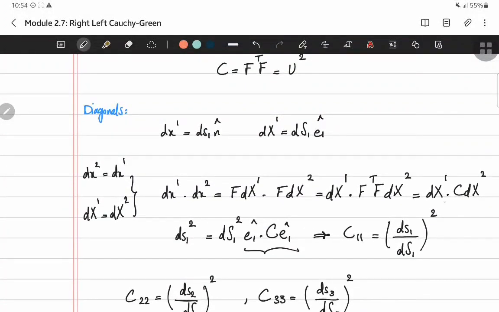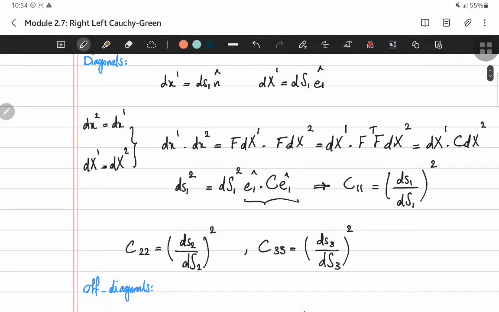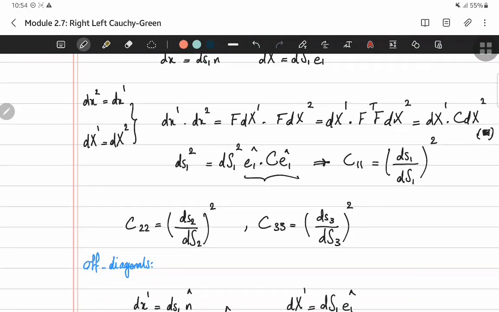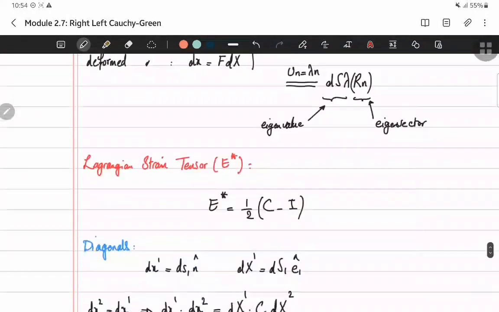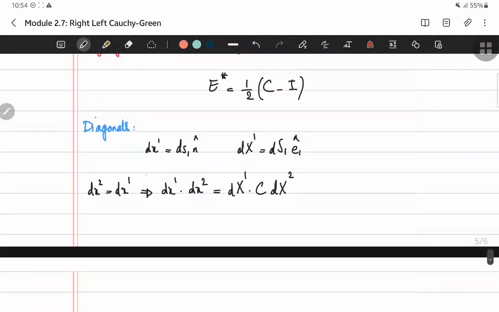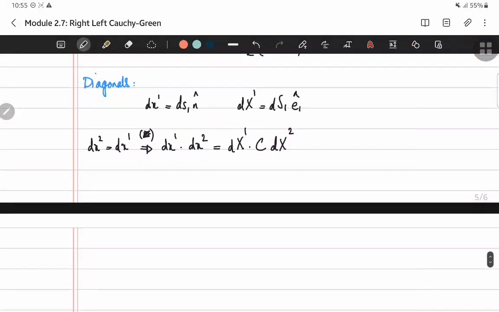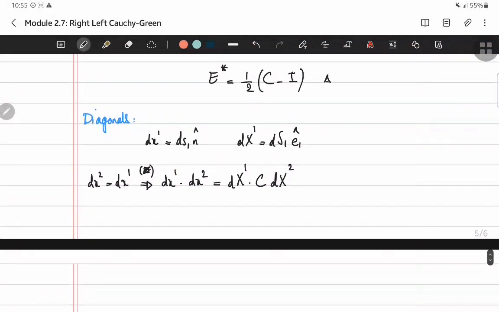From here, d small x1 dot d small x2 is equal to d capital X1 dot C d capital X2. Maybe we can call this the black equation. So from the black equation, and then we have the black triangle.